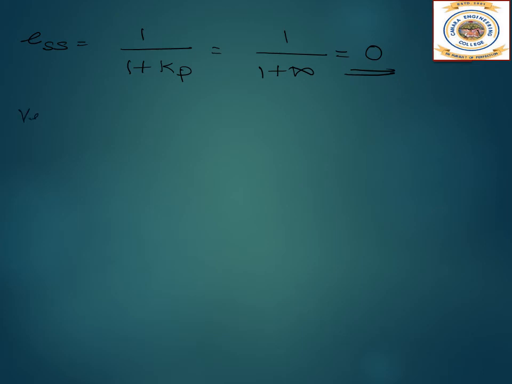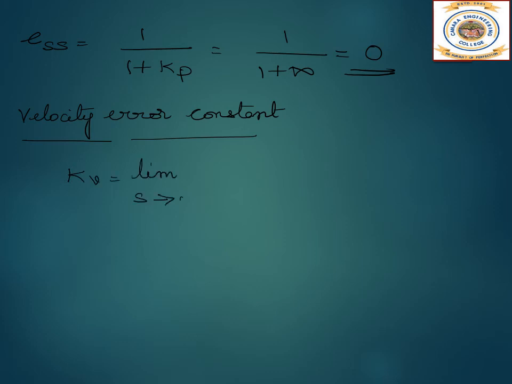Next is the velocity error constant. So here Kv is equal to limit S tends to 0 S into G of S into H of S. So limit S tends to 0 S into the transfer function type 1.